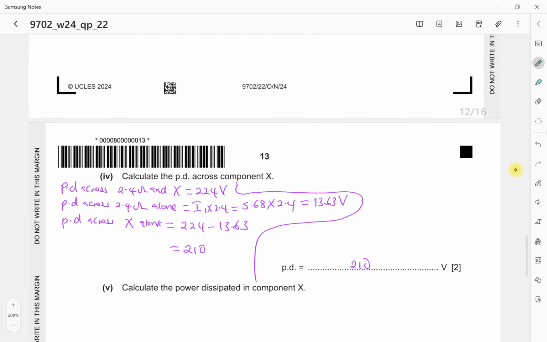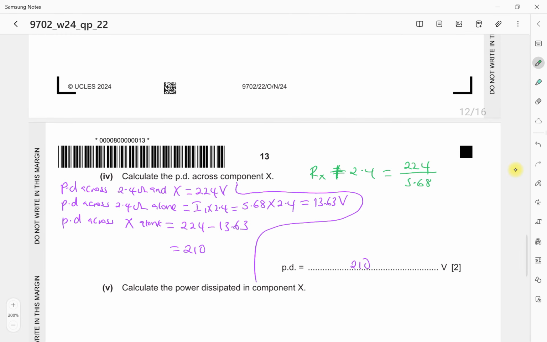So I can first find the resistance of X. The resistance of X plus 2.4 is going to be the PD across both, which is 224, divided by the current entering the parallel combination, which is 5.68.